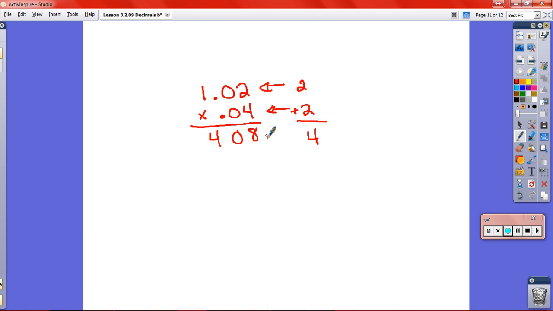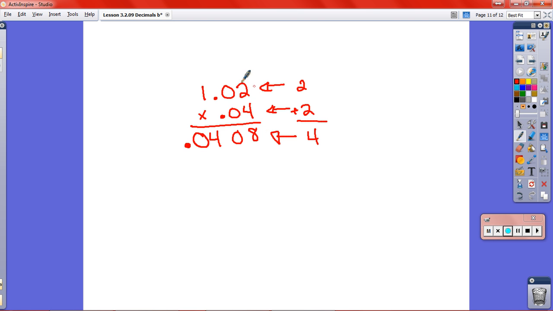We need 4 decimal places, but we only have 3 digits, so we're going to have to go 1, 2, 3. We need a 4th number, which we will fill in with a 0 to get our 4 decimal places.